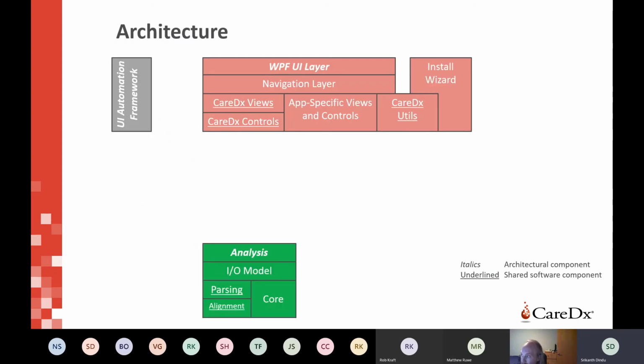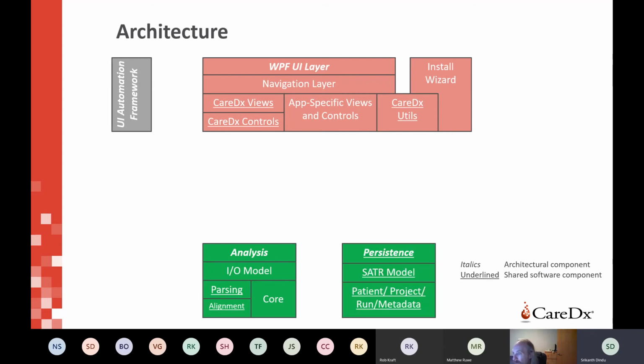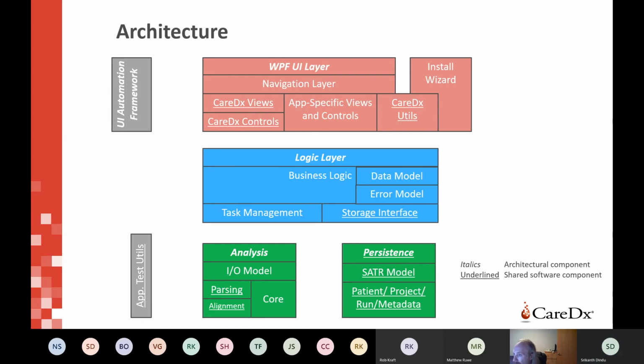So this, we have the UI automation framework, WPF layer, and these are all the install, like it's like Windows applications. And we have the logic layer and the analysis and the persistence layer. So this would be the core components here, and every product will have its own database as well.